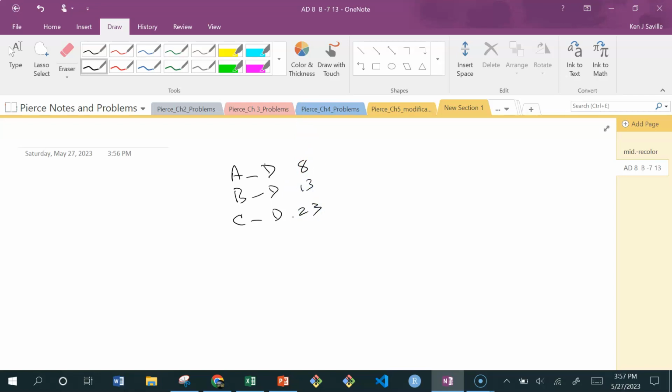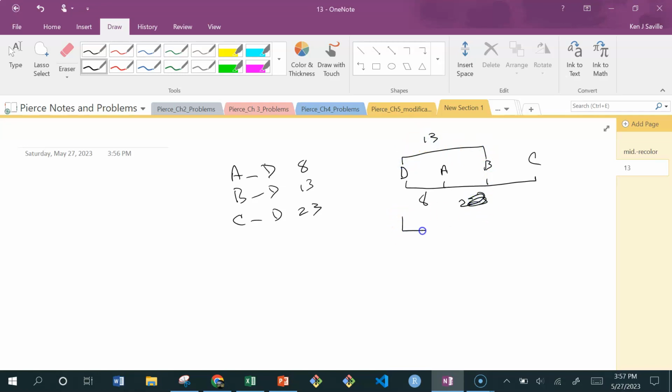You can do it the same way pretty much, because they've mapped all 3 relative to D. So you can take D, and say the farthest one away is C, because that's 23, and then A is closer, it's only 8, and then B is 13.